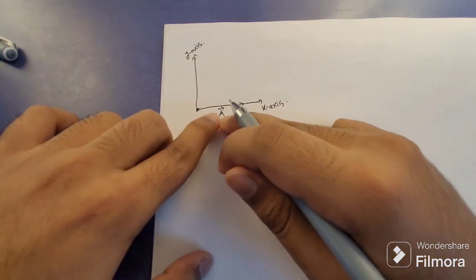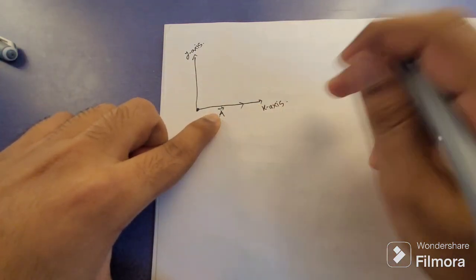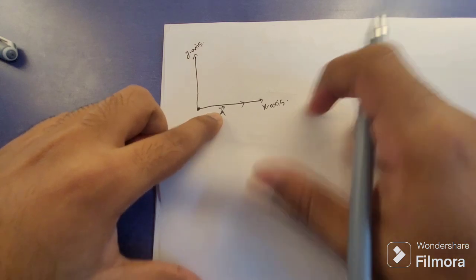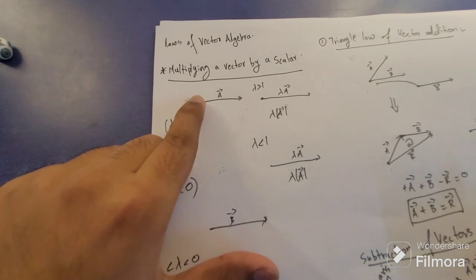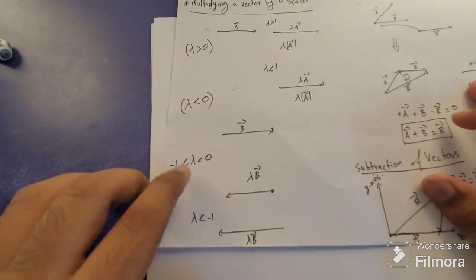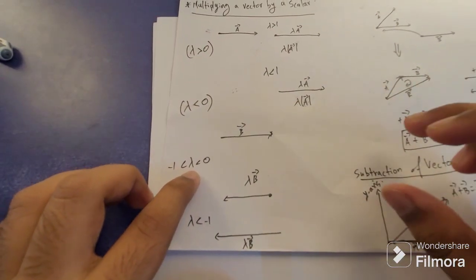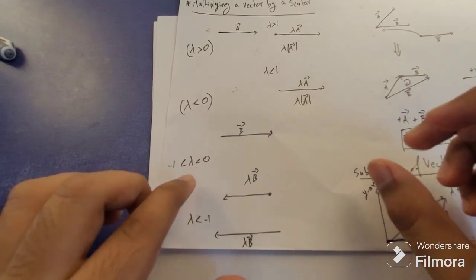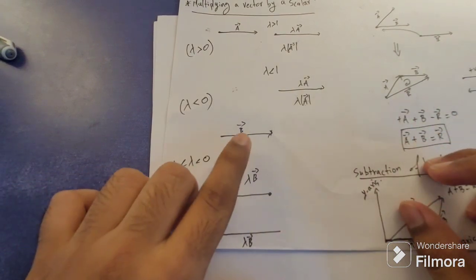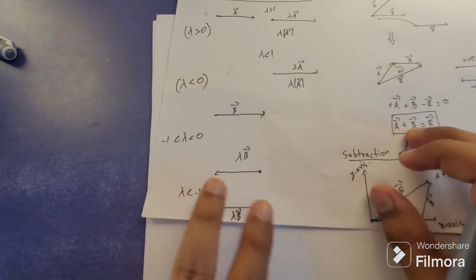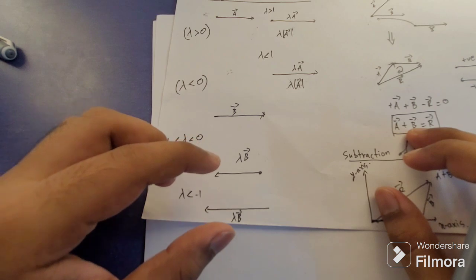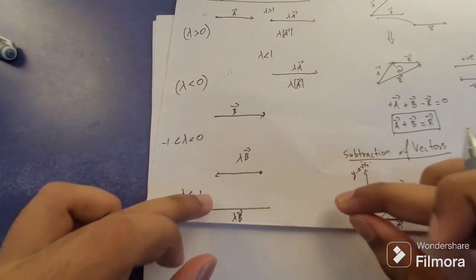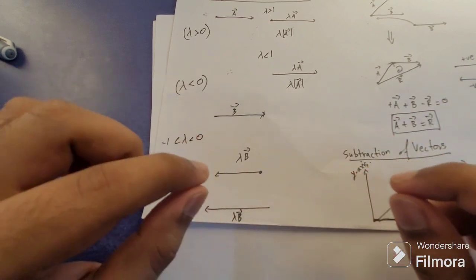Let us say this is the a vector, and in order to take the minus b vector, we just saw that while multiplying a vector by a scalar, if we multiply it by a negative number, minus of b vector is nothing but minus 1 times b vector. So if we multiply b vector by a negative number, its direction will be flipped. And as we are multiplying it by -1, its length will remain exactly the same as that of the original b vector, just its direction will be flipped.